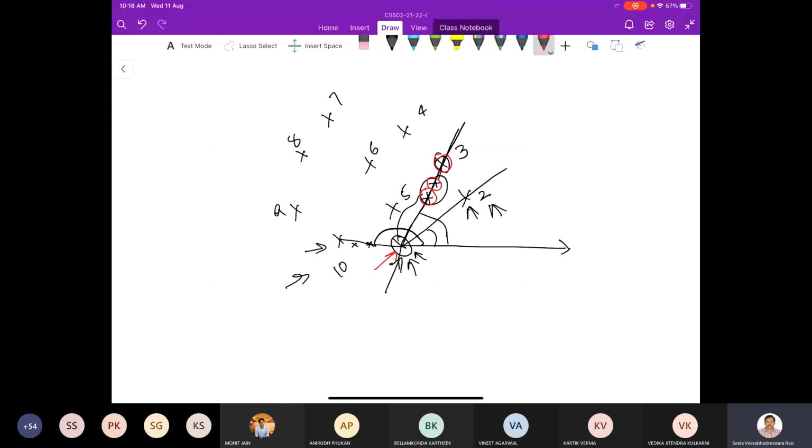The other possibility is you can simply remove these 2 points, which are closer to this origin, and keep only the furthest point in the sorted sequence. Both ways work perfectly. So this way you can overcome all the problems of the Graham scan, and the complexity is n log n.